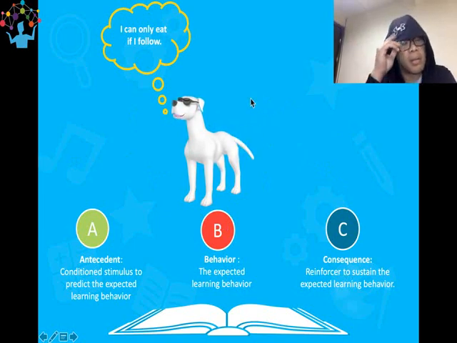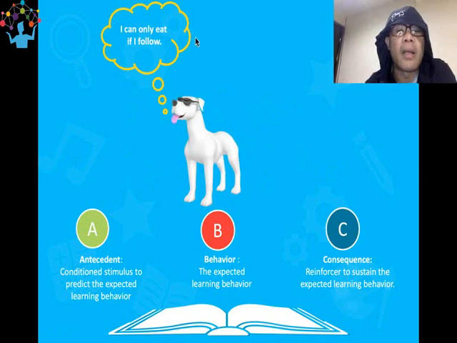Just open YouTube and you'll find so many experiments done on animals in terms of training them, in terms of programming their behavior. For the animal to respond in a specific way, you have to condition the antecedent and also the consequences. I will not elaborate on that anymore. Just open YouTube and you'll find lots of examples, specifically on training animals. Basically, they are using the behavioral theory.